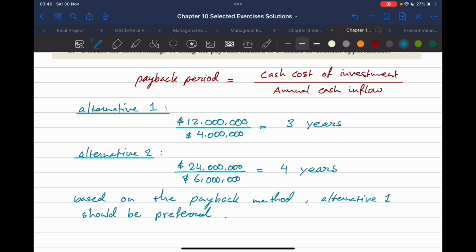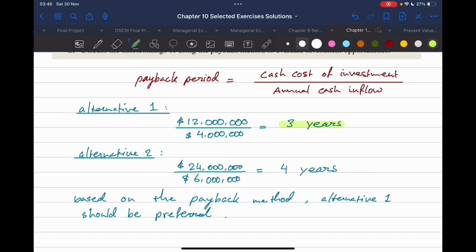Either way. Why? Notice that this tool is the only tool that we prefer the result to be lower. So as you can see, alternative 1 has a result of the payback period calculation of 3, which is less than the 4 that is the result of the same calculation for alternative 2, right?